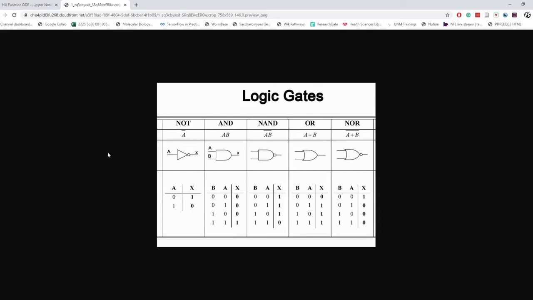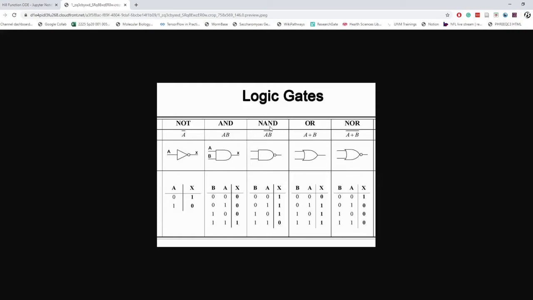They left off the very first logic gate in this figure, which is just the yes gate, and that's just when there is a presence, then X is expressed. But in the NOT gate, it's the opposite. If A is not there, X is expressed, and if A is there, X is not, so A would be acting as some sort of repressor. An AND gate would be X output only happening under the presence of both A and B, so A and B are working together in this instance to activate the X promoter.